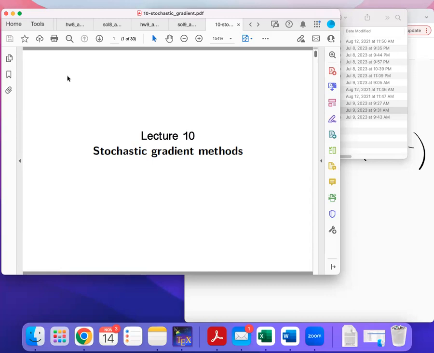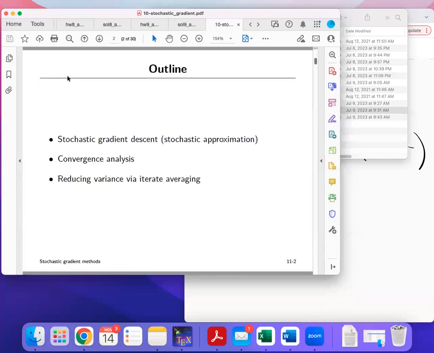And this type of algorithm is perfect for solving problems with big data. So we start from the algorithm and convergence, followed by convergence analysis. And lastly, we talk about some variance issues about this algorithm.